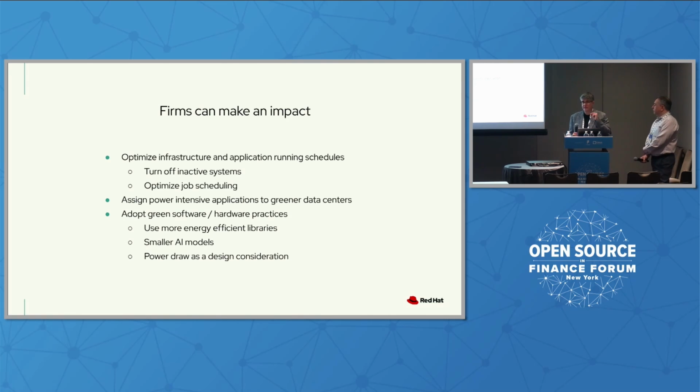But to me, one of the most interesting ways in which firms can make an impact by thinking about their applications is something you've seen a bit earlier with the two versions of an application: adopting greener software practices, right? Thinking about how to use more energy efficient libraries.